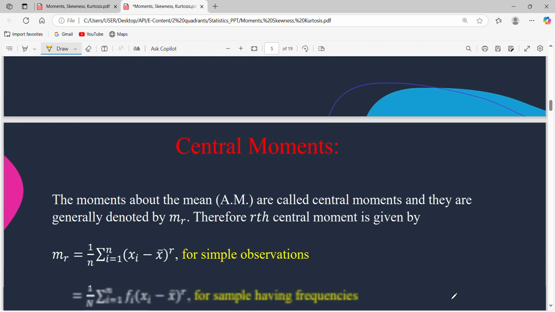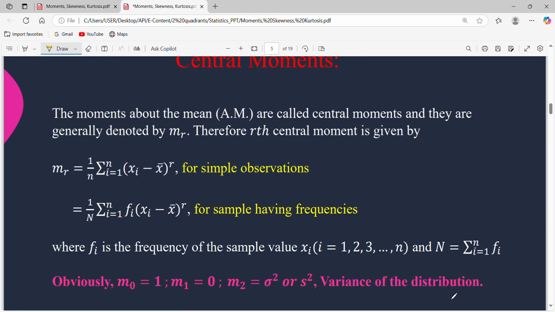Next is central moment. The moment about arithmetic mean is called central moment, and it is denoted by mr. So actually in the formula of moment, here a equal to x bar.